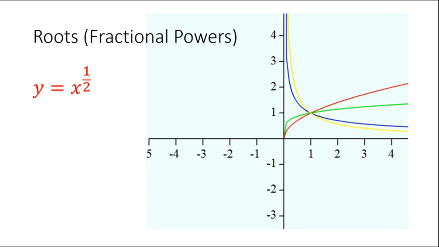What's really going on here is this is a parabola like y equals x squared, just rotated 90 degrees, and since we want it to be a function, not including the bottom half of the parabola.